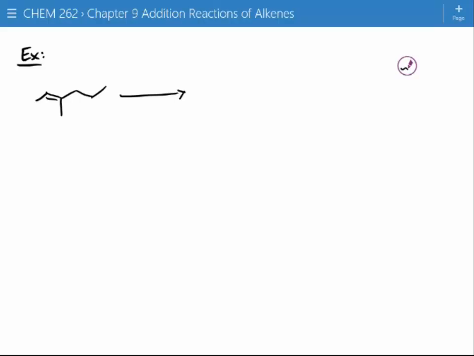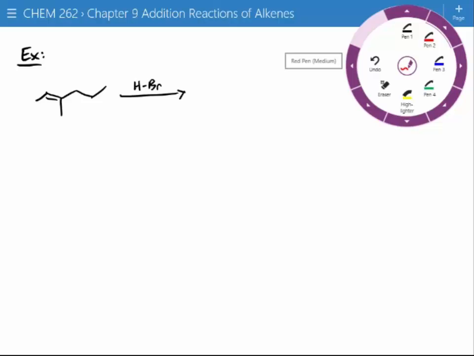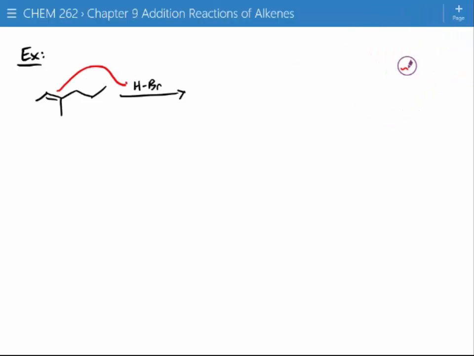And again, I'm going to use HBr. What will the first step be? Yeah, protonate the pi bond, or that pi bond will grab that proton, however you want to describe it. We know that there's a dipole, so that alkene will come over, grab that proton, kick off our bromine, and then we've got to look at our product.